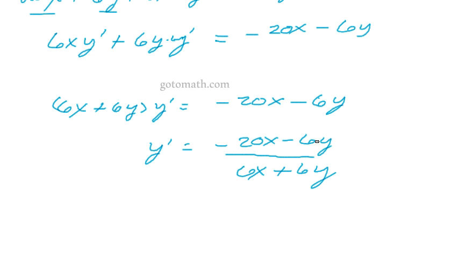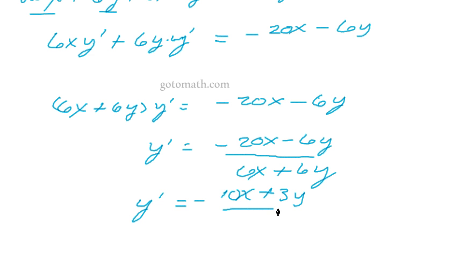Now we've got a number that can go into all those guys. It looks like 2 goes into everything here. So we want to kind of reduce that down. I am going to actually factor this negative completely out this time. So 2 goes into 20 10 times. 2 goes into 6, 3.